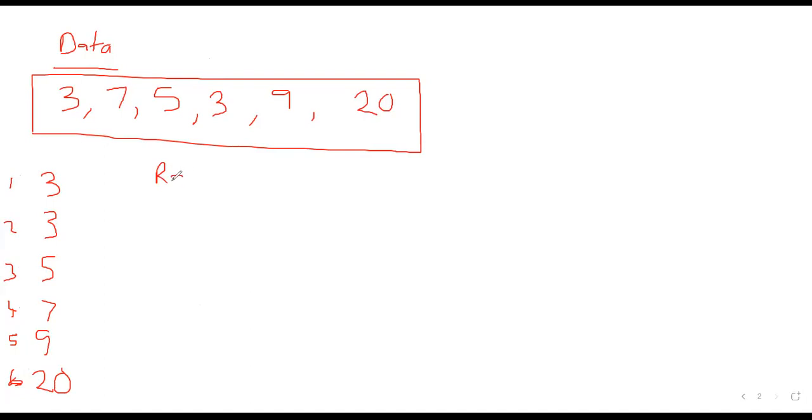Here's what we call the range. The range is simply the difference between the highest number and the smallest number. It's given by x max minus x min. What is our highest value there? Our highest value is 20. And our smallest value is 3. 20 minus 3, we get 17.